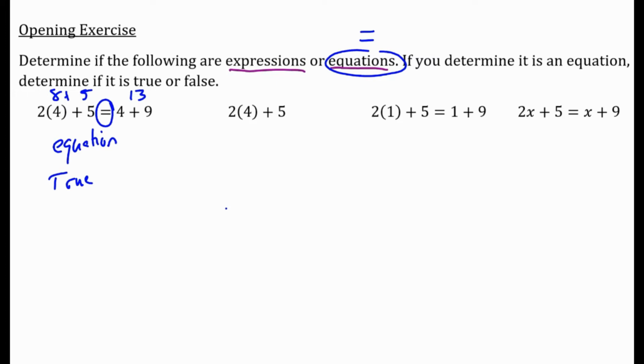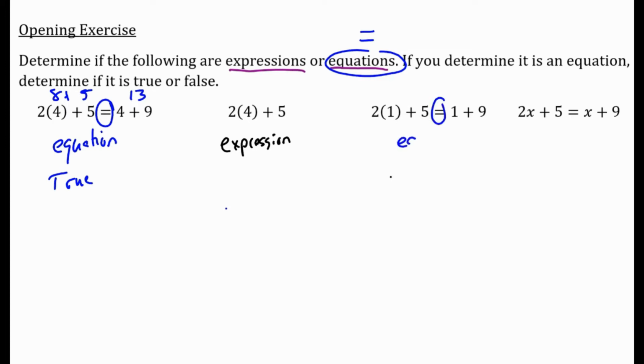This next one just simply states 2 times 4 plus 5. I don't know what it's equal to. It's not a full sentence. There's that verb, is equal to, is missing. So this is just an expression. There's no equal to. 2 times 1 plus 5 is equal to 1 plus 9.